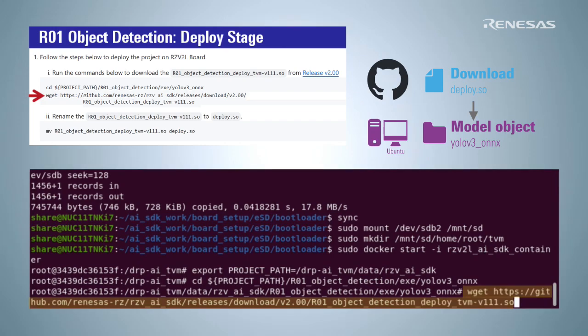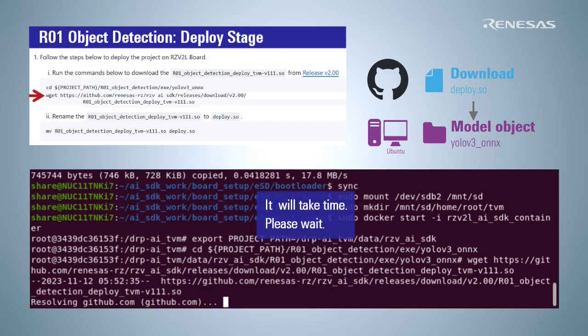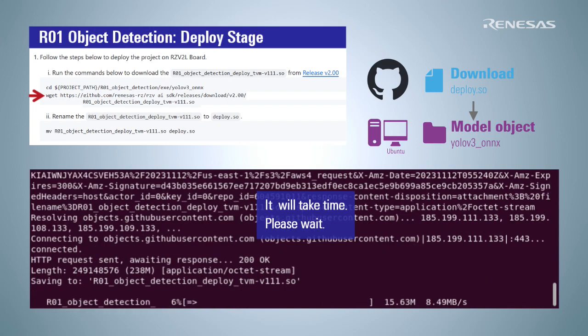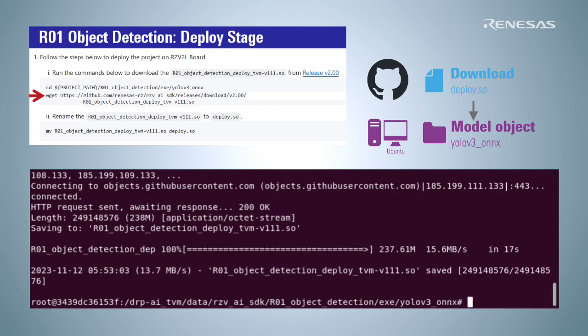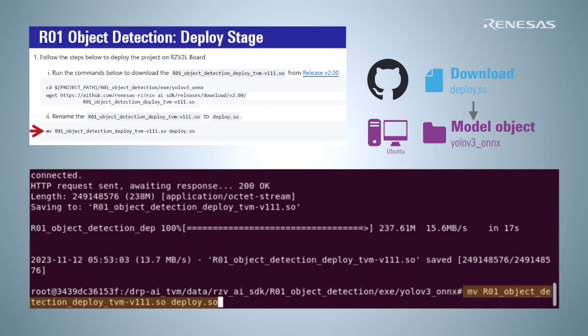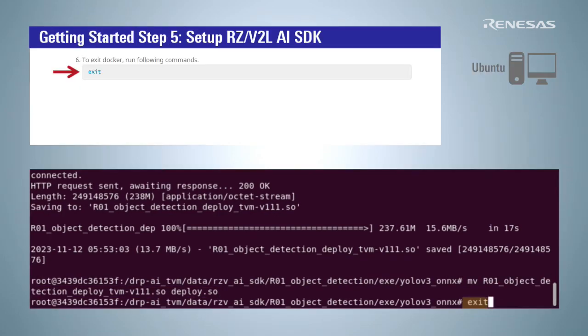Download the file from the GitHub for model object. Rename the file. Exit the container.